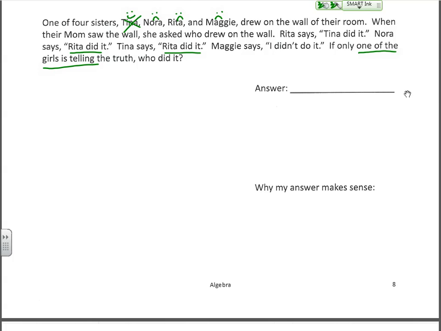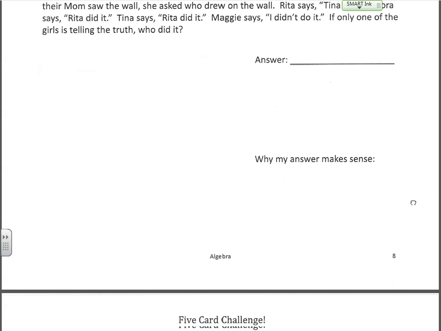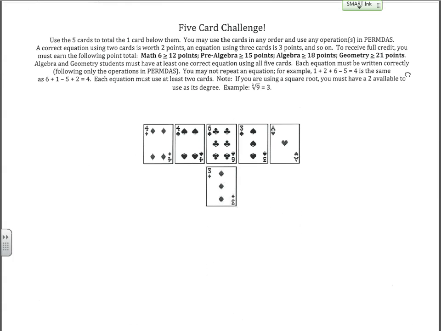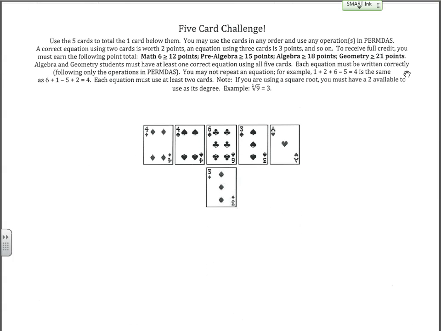Okay. 5-card challenge. Similar to the other 5-card challenges that you've had, make sure that as algebra students, you are using an equation with all 5 cards. This one, in the spirit of Christmas, is about as opportunistic a set of 5 cards as you'll ever have. Yes. Why, Thumper? Because we have a 1 and 2 4s.